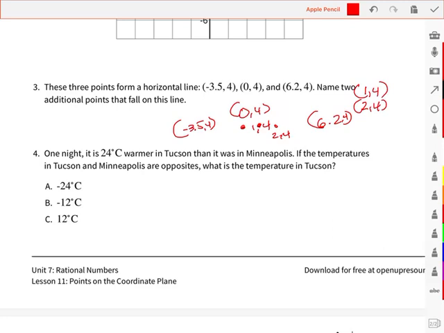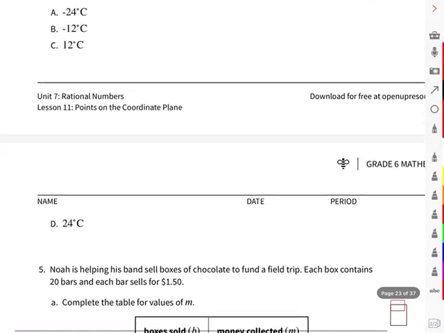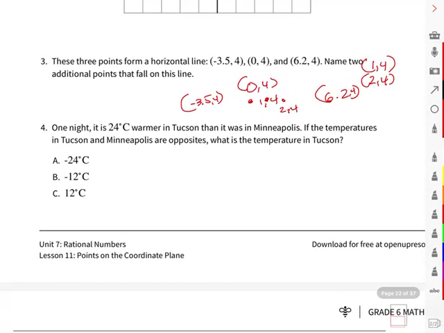Number 4. One night is 24 degrees Celsius warmer in Tucson than it was in Minneapolis. If the temperatures in Tucson and Minneapolis are opposite, what is the temperature in Tucson? So the opposite of 24 is -24.